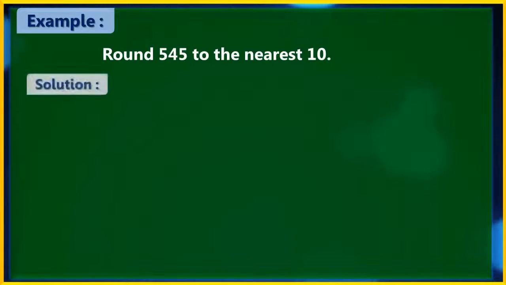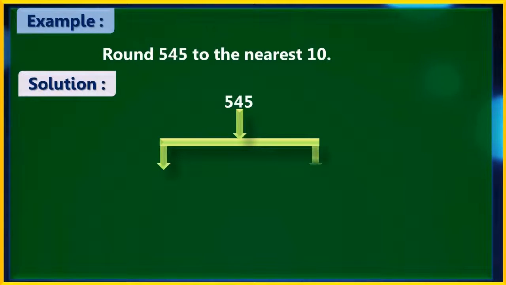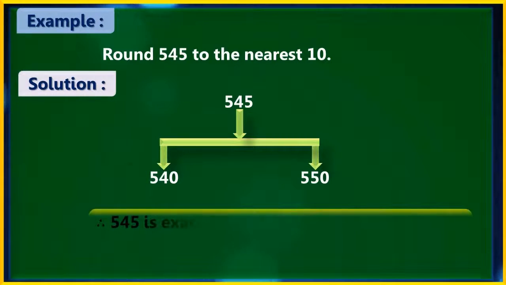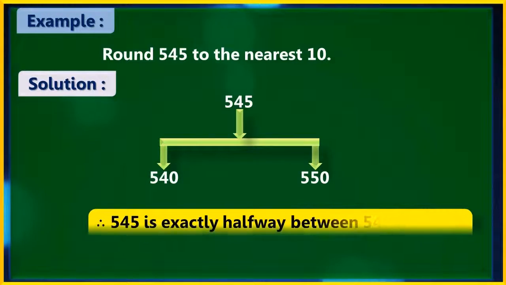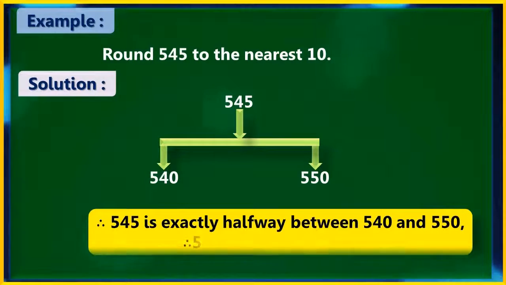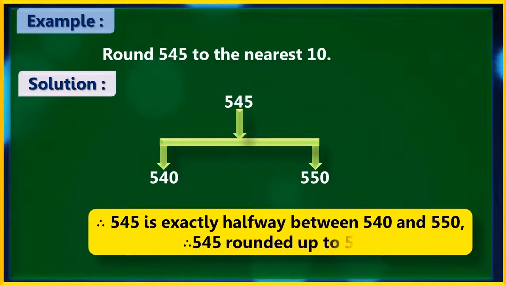Solution: since 545 comes between 540 and 550, and 545 is exactly halfway between 540 and 550, therefore 545 is rounded up to 550.